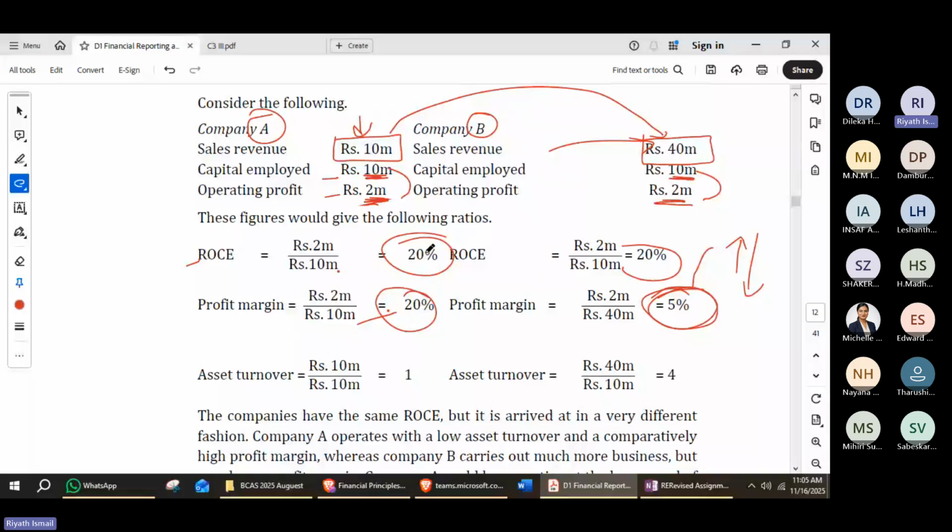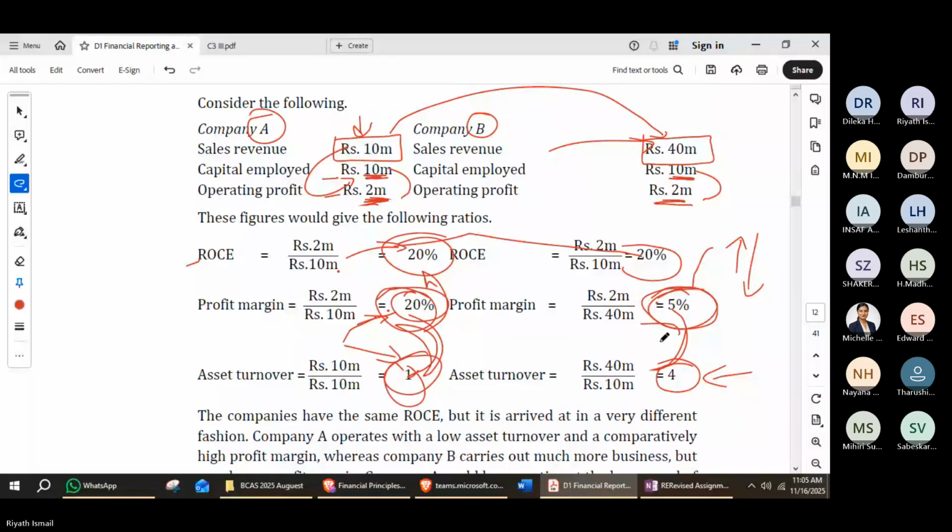But both of them have the same ROCE. Here you see asset turnover: sales 10 million over capital employed 10 million is 1, and here it is 4. So asset turnover is high and margin is less here; margin is high and asset turnover is low there. By multiplying these two, you get 20: 20 times 1, or 5 times 4. In both ways you get the same result.